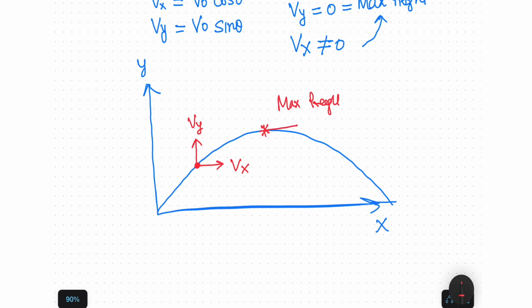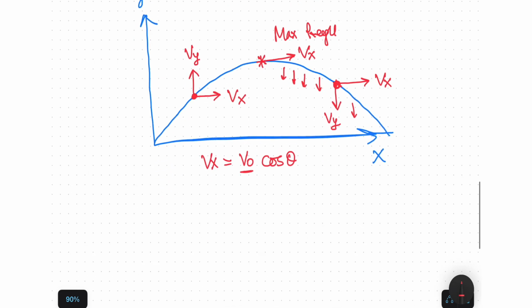As you know, Vy will be 0, so we have only the Vx vector. And what is Vx? As I said, Vx is V naught cos theta, where V naught is the initial velocity. At this point, if I ask you for the velocity vectors, you can draw Vx the same, but you know that it's dropping down. So Vy will be in the downward direction, right?